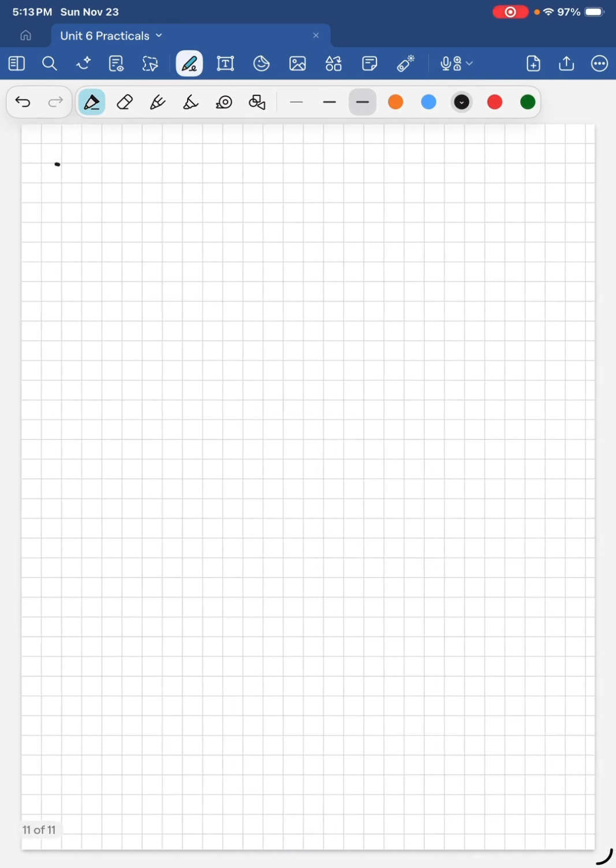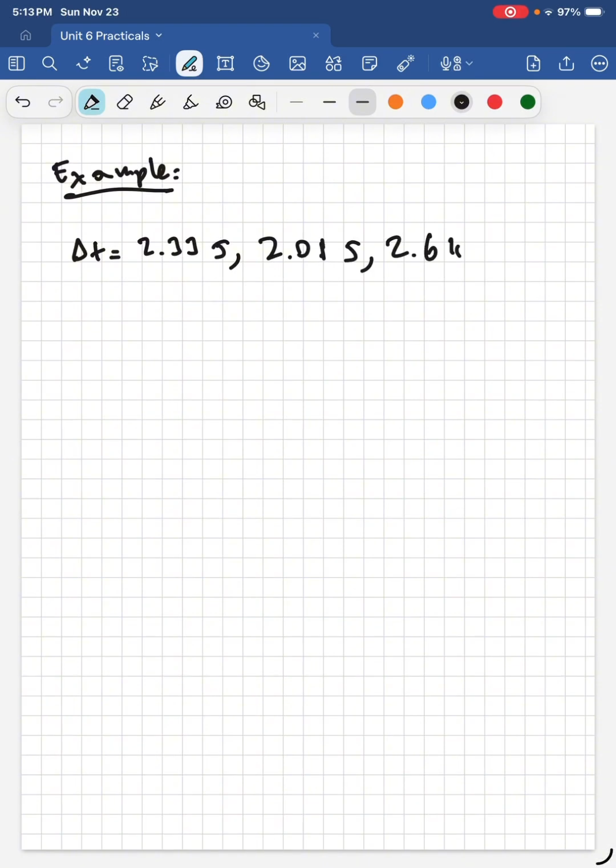So, for example, if delta t is 2.33 seconds the first time you measured it, the second time is 2.01 seconds, and the third time is 2.64 seconds. This is an exaggerated example.